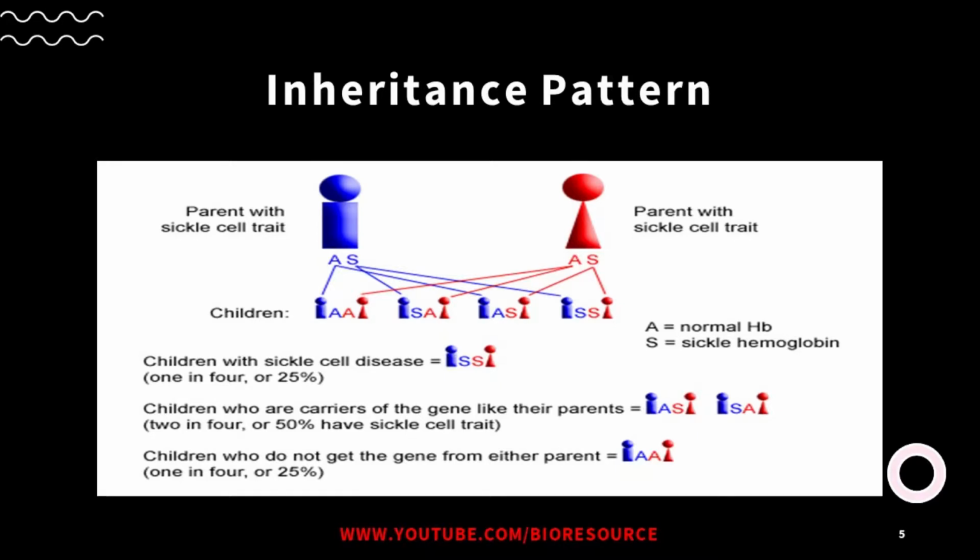When they have children, the possibility of children with sickle cell disease is 1 in 4, or 25 percent, and the possibility of children who are carriers, or have the trait, is 50 percent, that is 2 in 4. And the possibility of children who do not get the gene from either parent is 25 percent, that is 1 in 4. So that is the inheritance pattern of the sickle cell trait to the children.